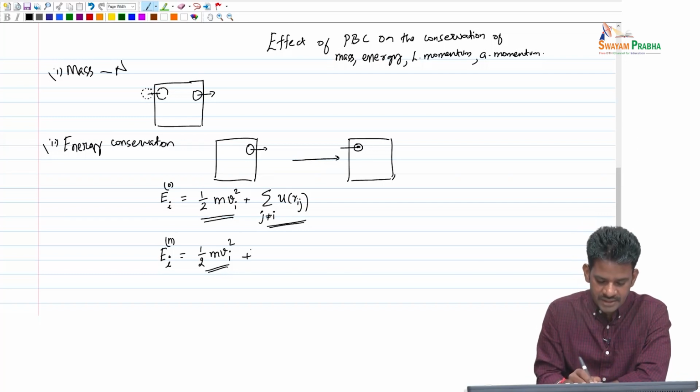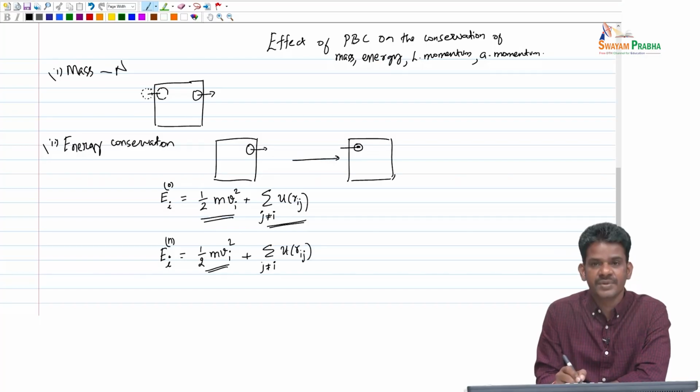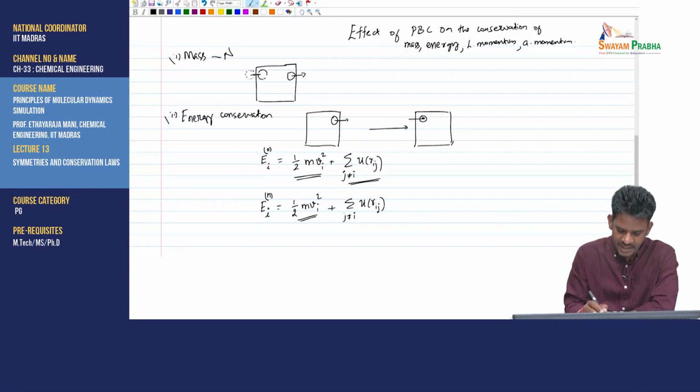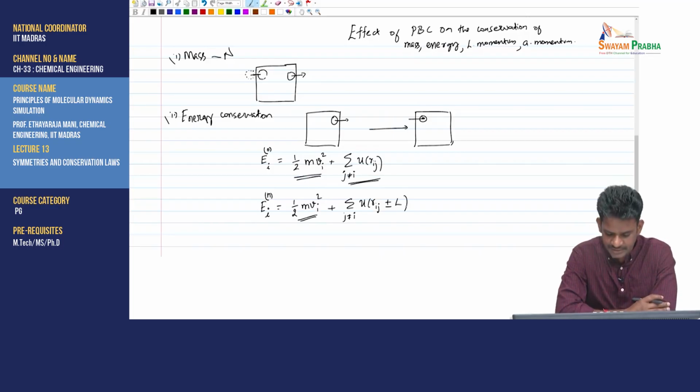Okay, but the potential energy depends on r_ij, the relative distance between them. And interestingly, this r_ij now should have been written as r_ij plus or minus L, because of the periodic boundary condition, it is shifted by a simulation box length.